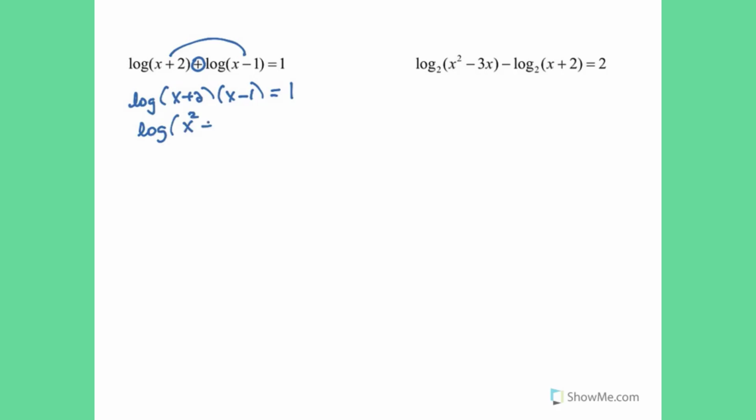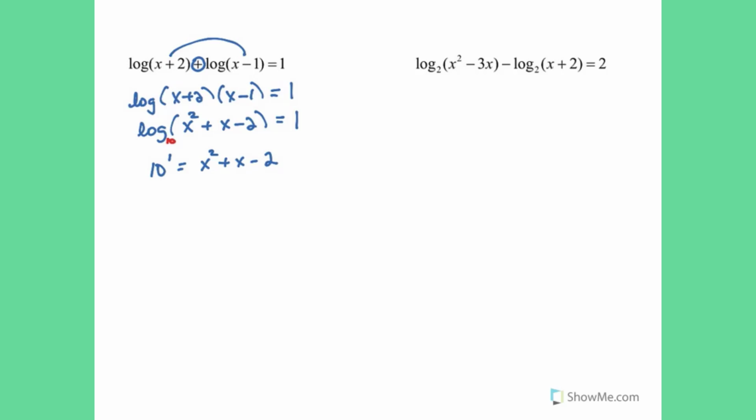So we have x squared plus x minus 2 is equal to 1. Now we have it in the format of the log of something equals a constant. But what is the base? Remember, it is understood to be base 10 if that little number is not there. So we have 10 to the first power is equal to our expression.